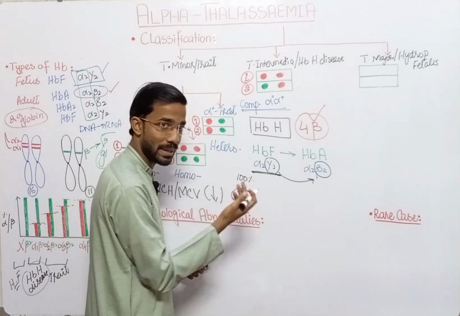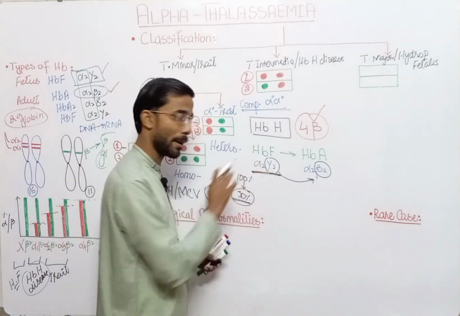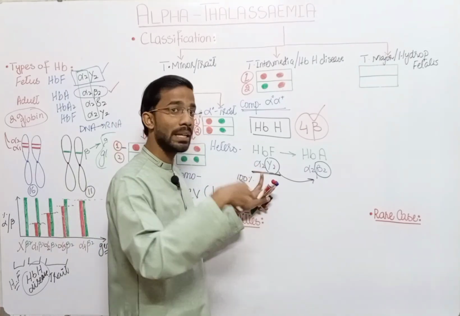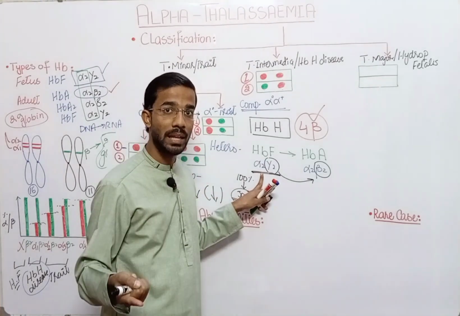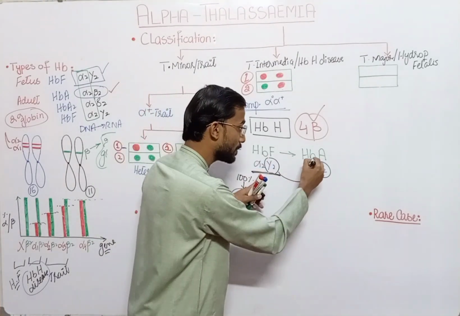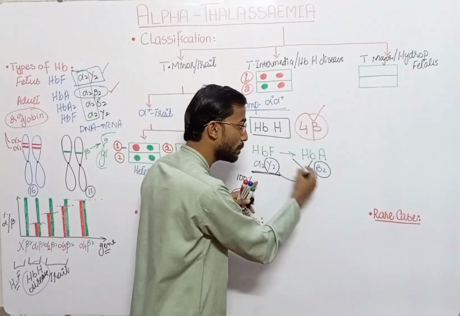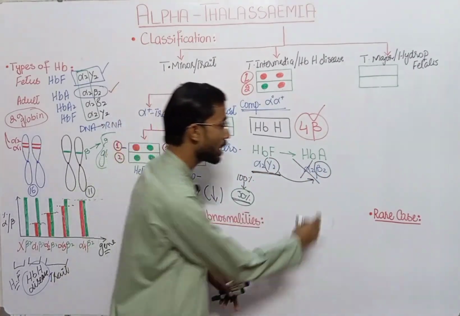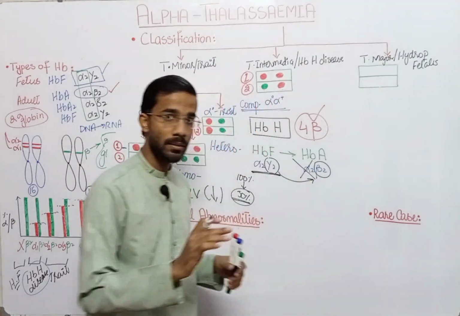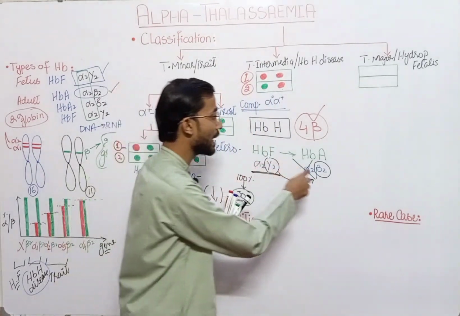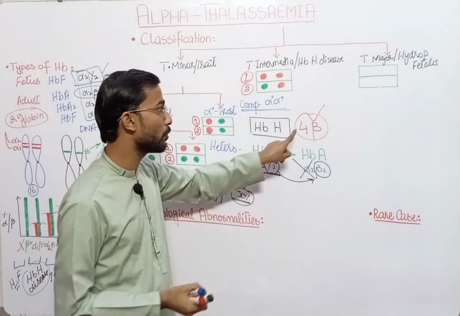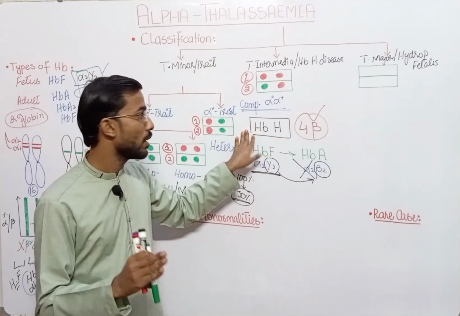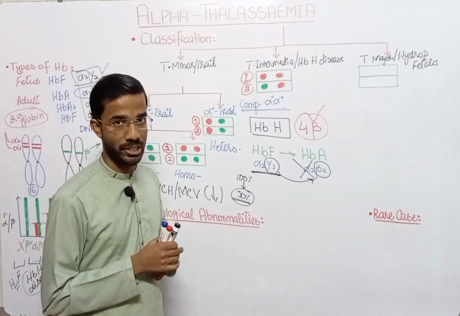When the gamma converts into the beta, then the alpha globin chain will not be available for the attachment of the beta. So in this case, the beta chain will remain separate, and they combine together and form the 4 beta globin chain, and it results in the formation of HbH disease, or you can say hemoglobin H.